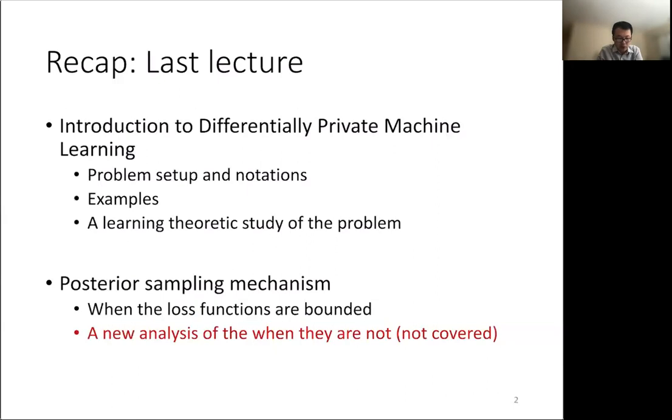We left a new analysis of the posterior sampling mechanism, which doesn't require the loss function to be bounded, to today's lecture, which we'll start in a little bit.